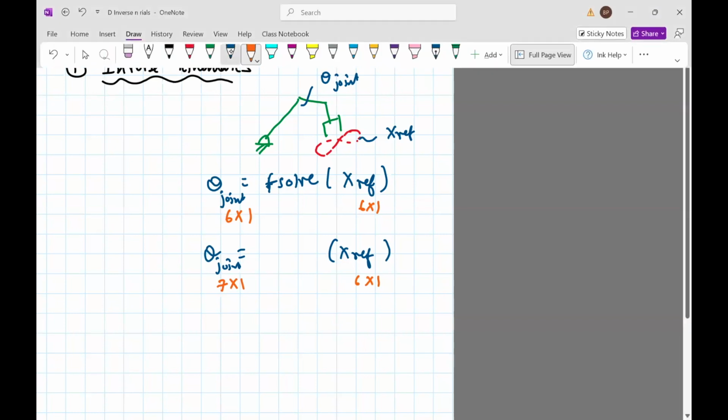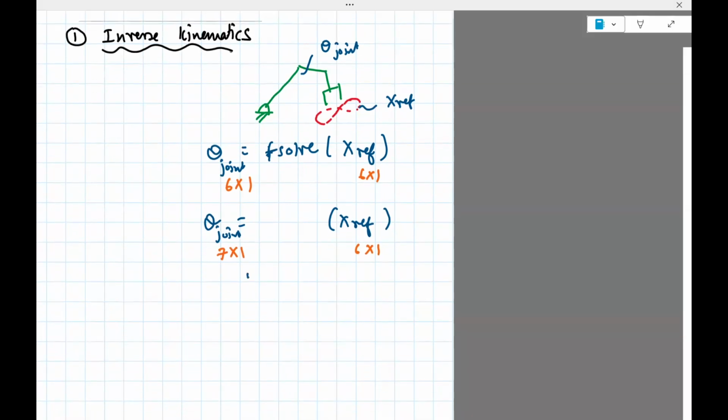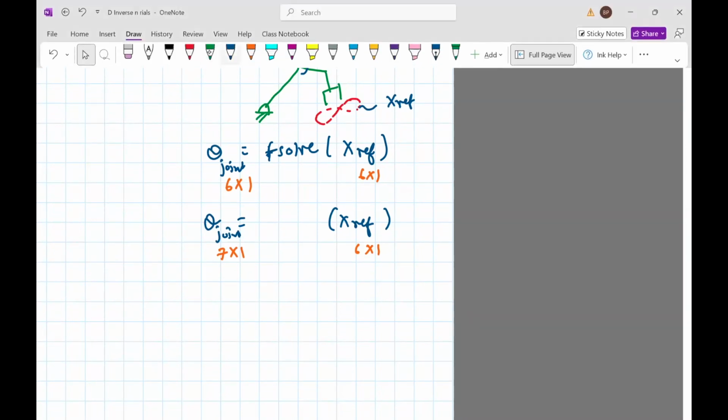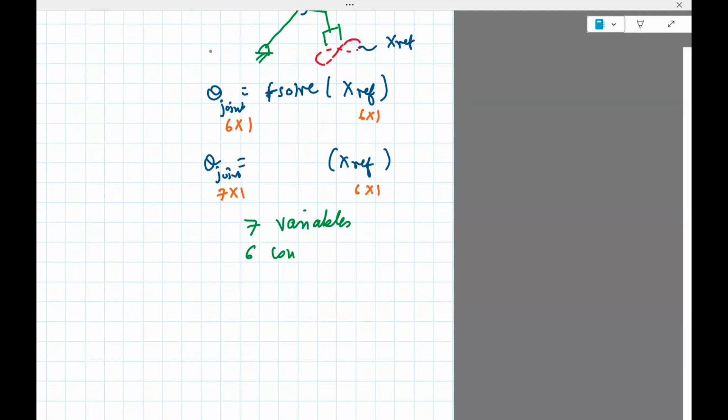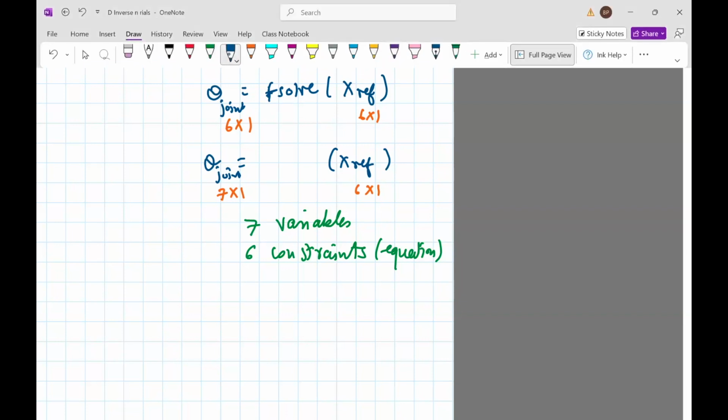So in this case, we have seven variables, and we have 6 constraints, or 6 equations. So if you have 6 equations and 7 variables, you have freedom of choosing one of the variables. This is where you will use minimize.